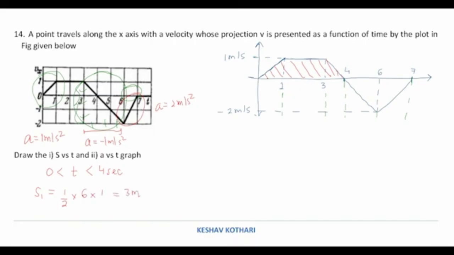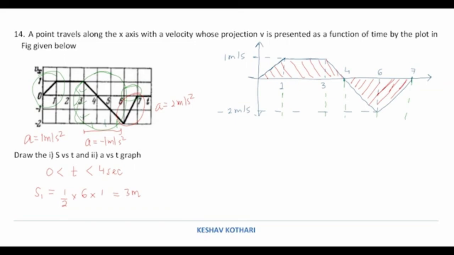So the displacement in the positive portion is 3 meter, and that is the maximum displacement of the particle. After which the graph is on the downward side, that is the displacement is decreasing for the next 3 seconds.